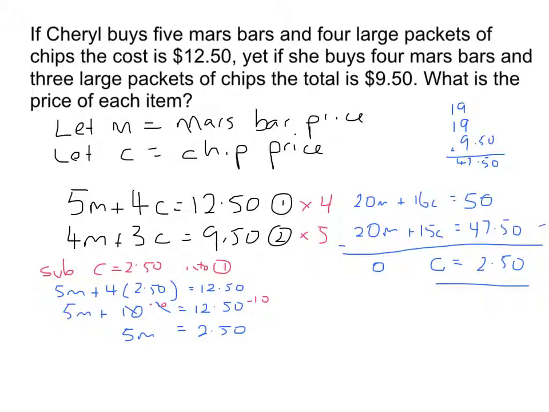Now we want to divide both sides by 5, which leaves us with M equal to $2.50 divided by 5, which is 50 cents, or 0.50. So our packet of chips is $2.50, and our Mars bar equals 50 cents, and that's our answer.